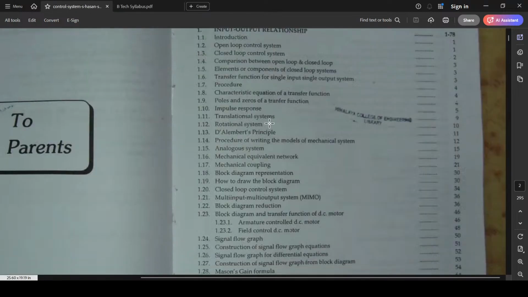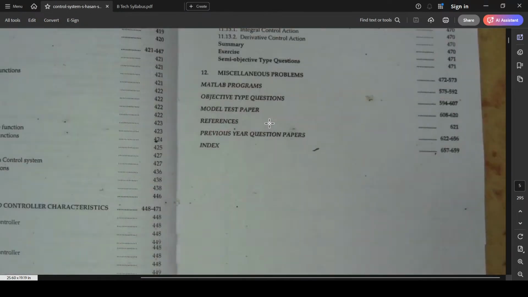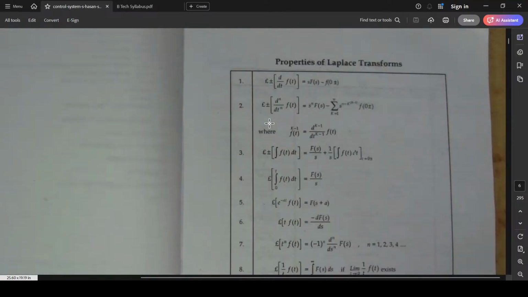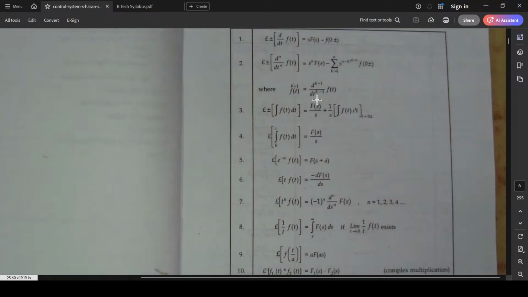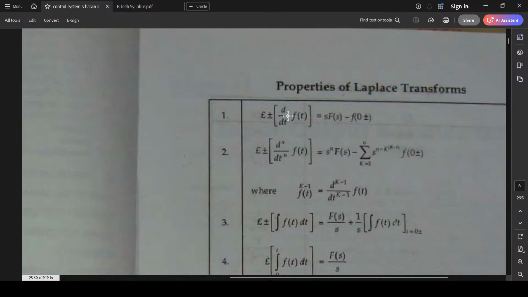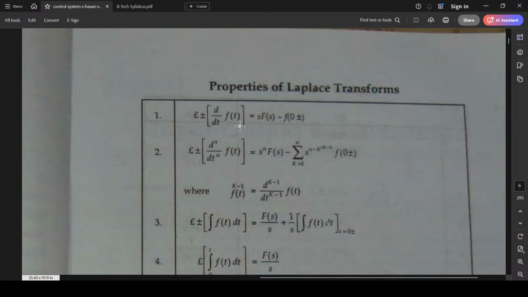Okay, let's start with the introduction only. These are the Laplace transform formulas given here. There are 12 of them. The Laplace of the derivative of a function is sF(s) minus f(0).